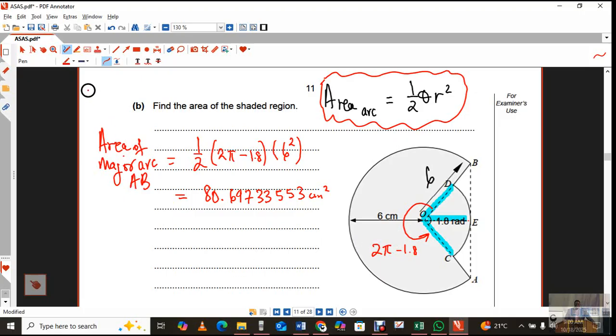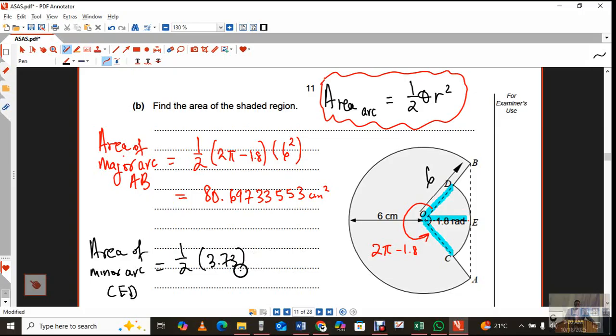Then I'm going to also calculate the area of the minor arc. That minor arc is CED, which is again a half. You can see that? A half. And what is the angle? The angle there is 1.8 radians. And what is the radius?